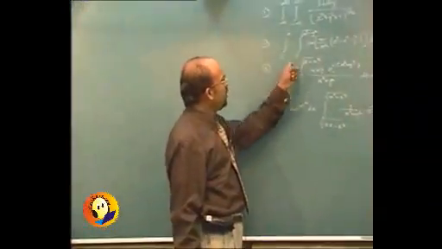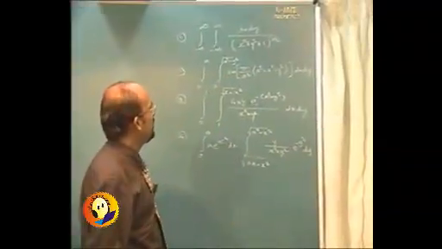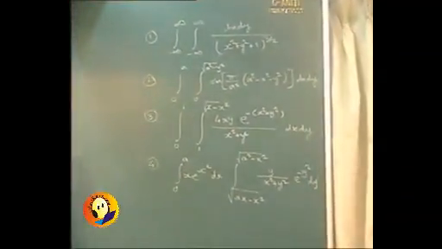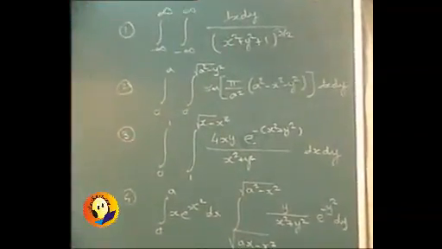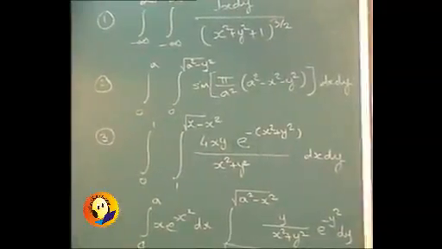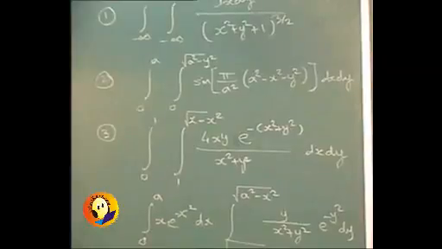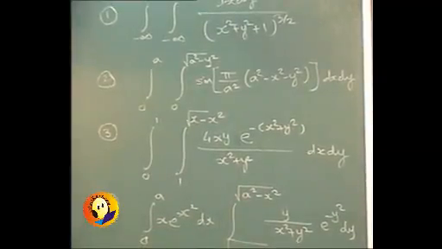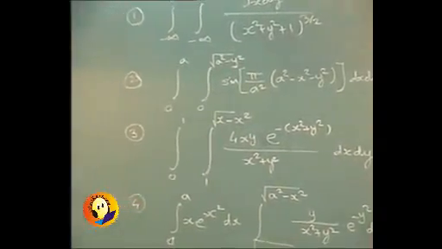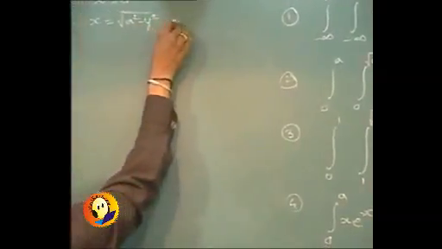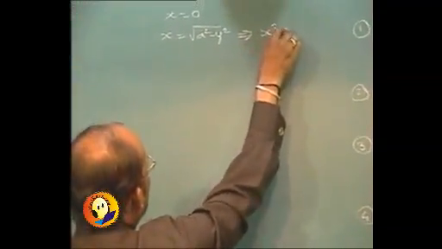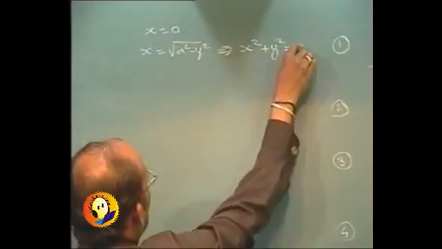On a strip, x varies from 0 to under root a square minus y square, and such strips are taken from y equal to 0 to y equal to a. So the four limits that we get here are x equal to 0, which is the y-axis, and x equal to under root of a square minus y square, which is nothing but a circle, x square plus y square equal to a square.